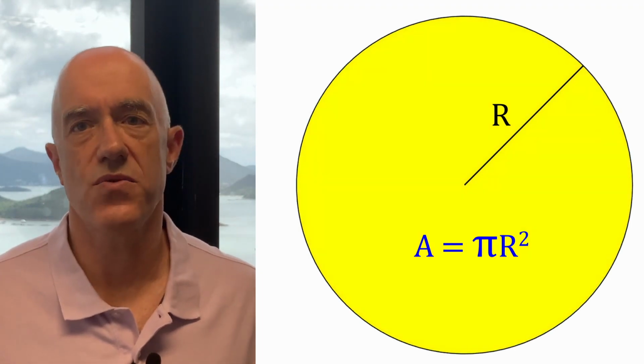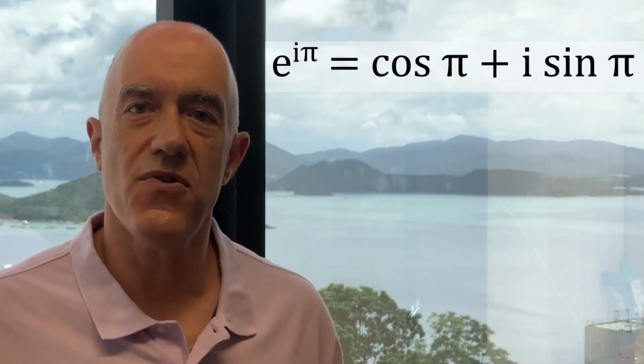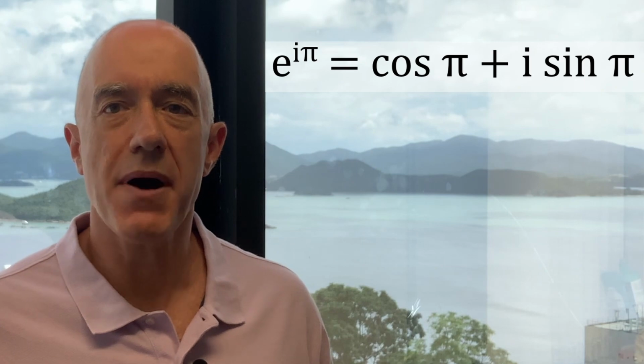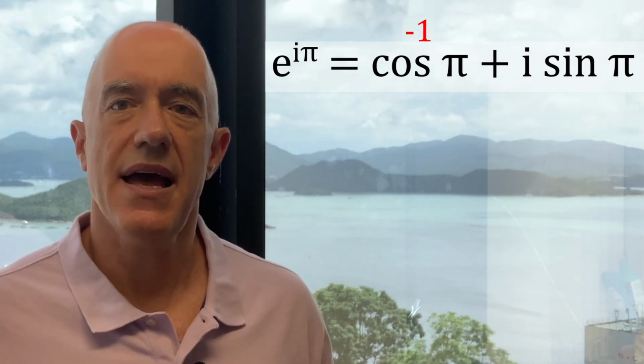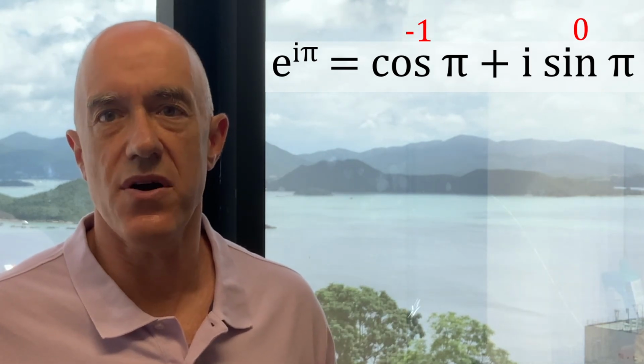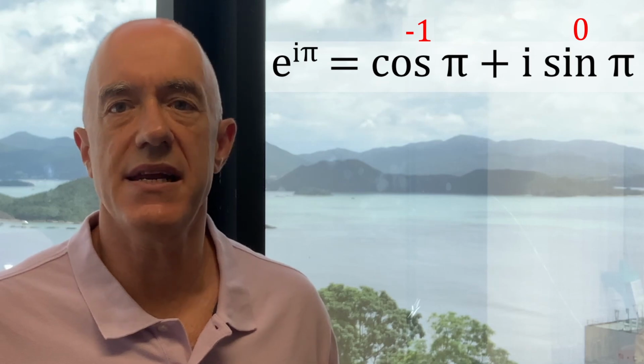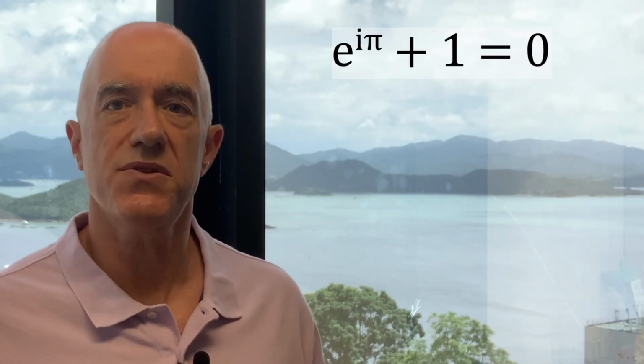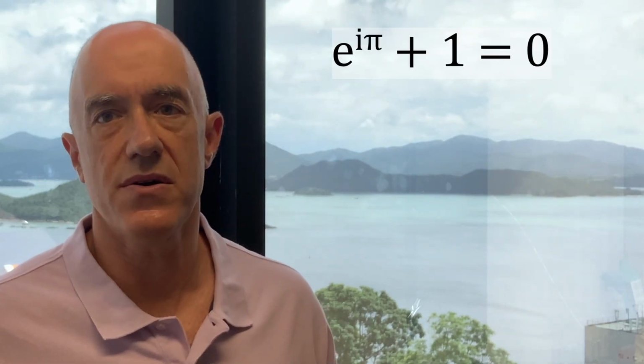My personal favorite identity in mathematics is the Euler identity, which gives us a relationship between pi and e. If we apply Euler's formula and use cosine pi equals -1 and sine pi equals 0, we can obtain the identity e to the i pi plus 1 equals 0.